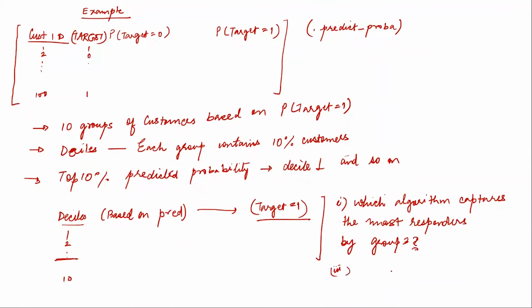And then the third is to compare average predicted probability and average actual probability.